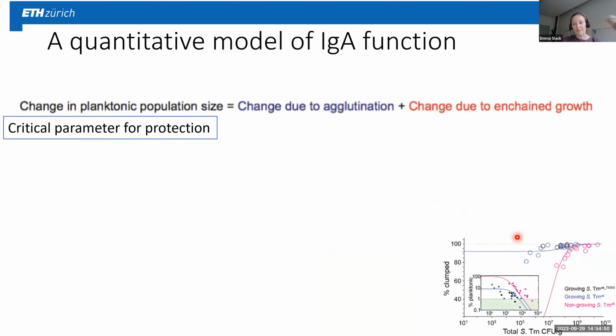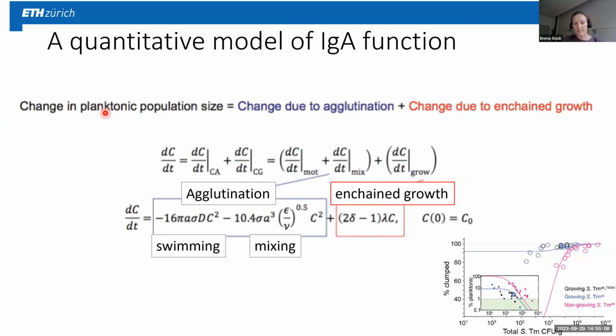And also, if you drill down into the equations that are behind the lines on this graph here, what we have modeled is the size of this planktonic salmonella population. That would be the bacteria that are able to get into the epithelial cells. And the size of this population is driven by agglutination, removing bacteria, and also bacterial growth, but in the presence of IgA, where some of that growth results in aggregates and a few of the bacteria escape.